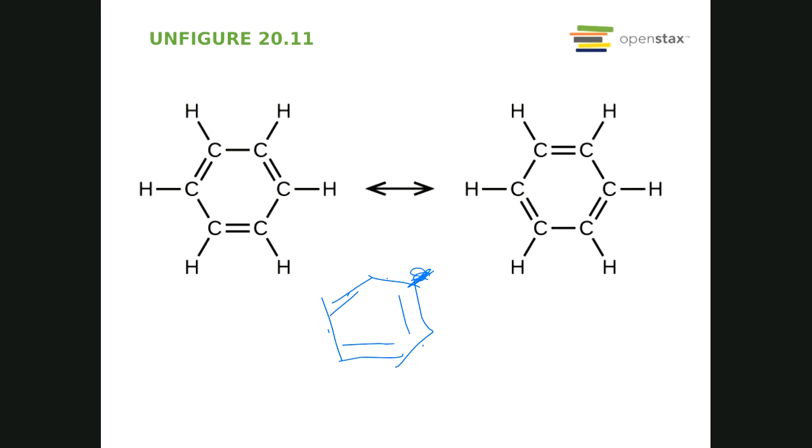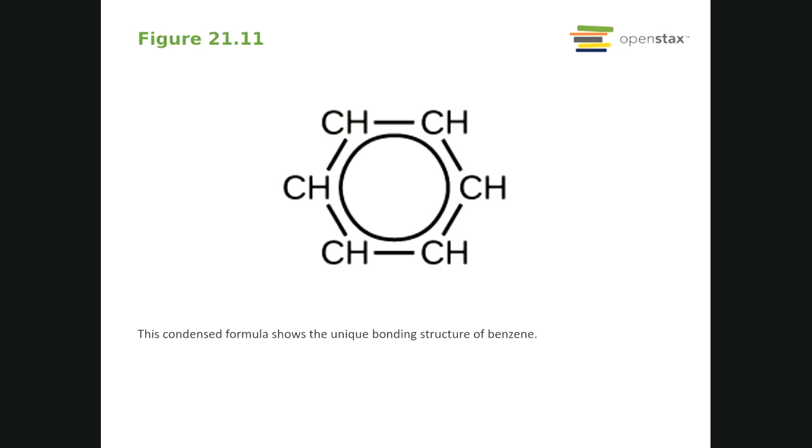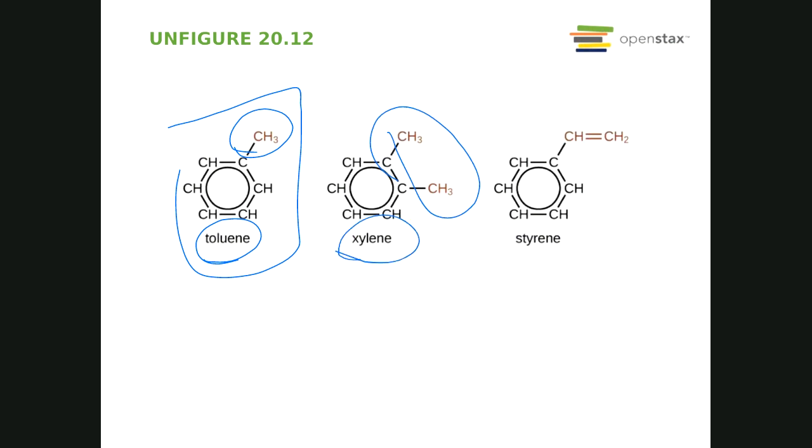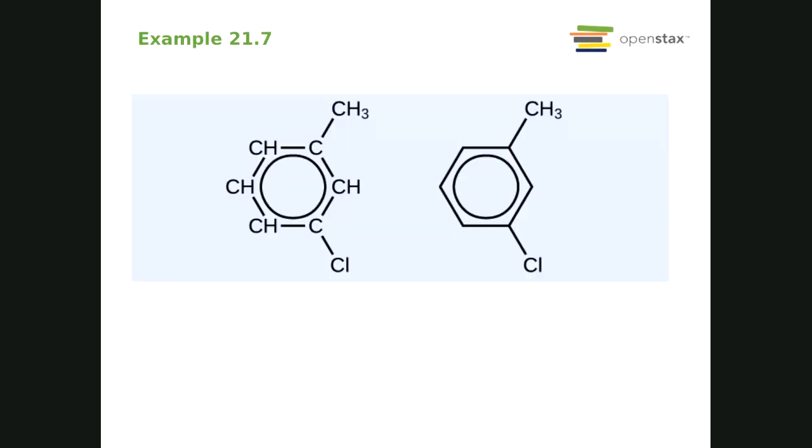So you could have a methyl group here, methylbenzene, or it could be just the benzene ring and it is aromatic. If you have methylbenzene, the other name for it is toluene, and dimethylbenzene is xylene, and then this group with the benzene is still an aromatic compound, like styrene.